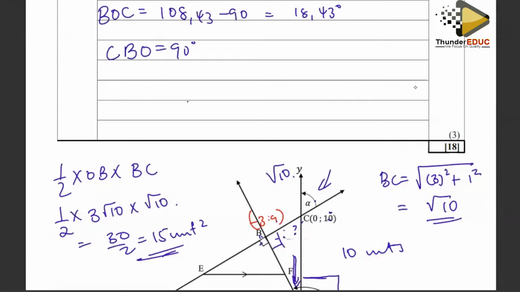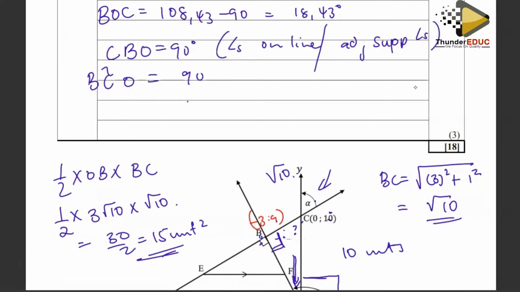Then I know that my CBO is a 90, angles on a line, or some people will say adjacent supplementary angles, which is correct. And then BCO is going to be 90 minus 18,43 because angles in a triangle must add up to 180. When I say 90 minus 18,43, that gives me 71,57 degrees.